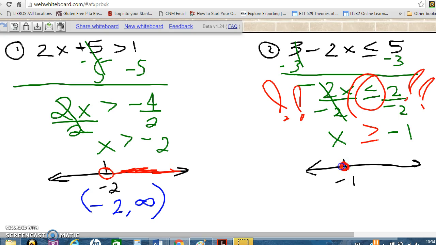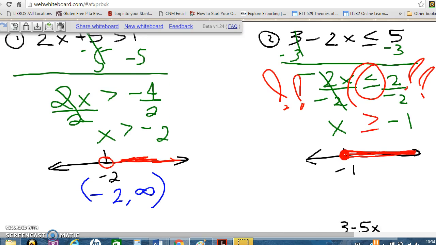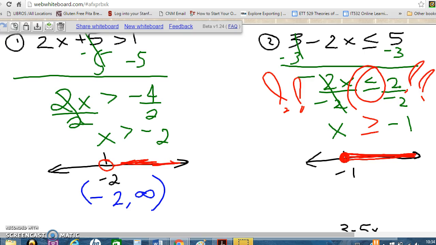It's going to be included, and we're going to be moving on to this side. Therefore, if I were to write it in interval notation, it will look something like negative 1 to infinity, including negative 1, not including infinity. So that's basically how you solve an inequality.